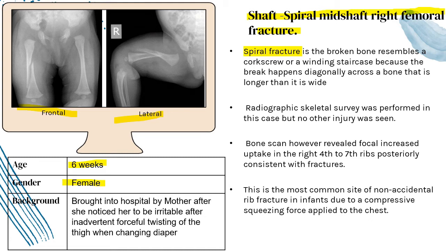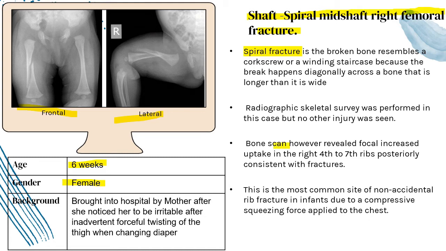So why is it called a spiral fracture? This is because the broken bone resembles a corkscrew or a winding staircase, because the break happens diagonally across a bone that is longer than it is wide. However, the radiographic skeletal survey reveals no other injury was seen.